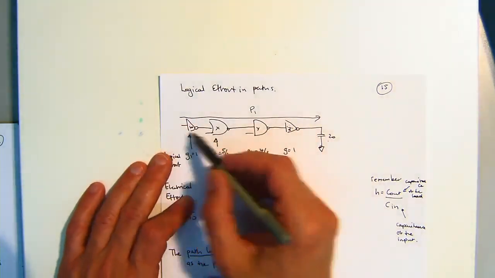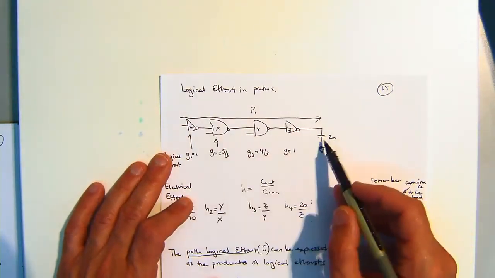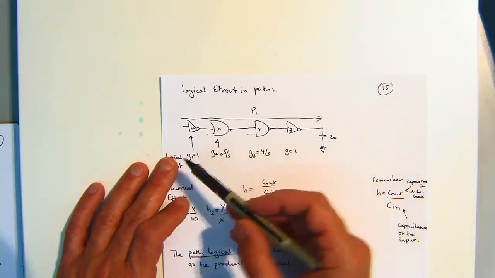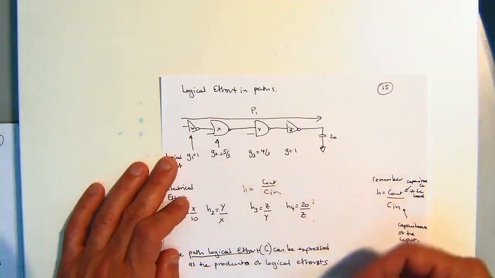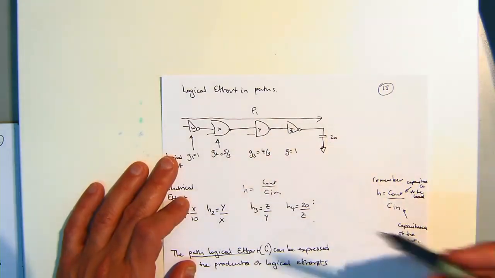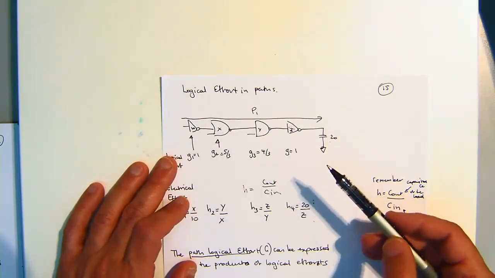What I'm referring to is that whole connection of gates. And what we'll do now is work out how we determine these quantities for these connections.